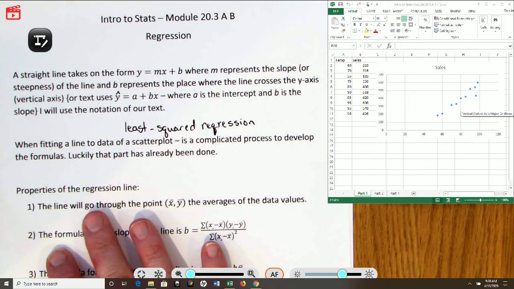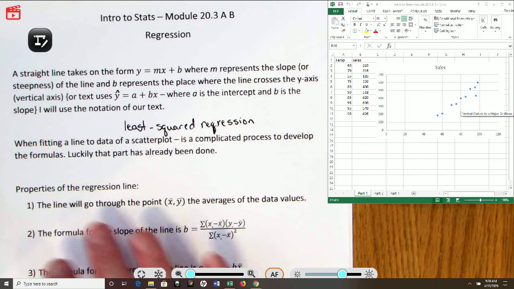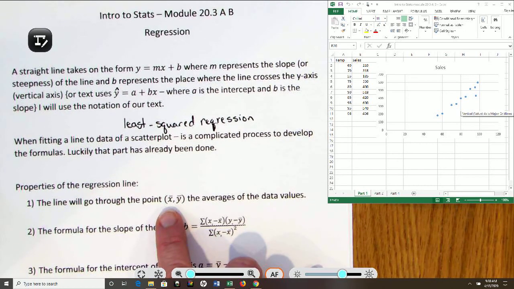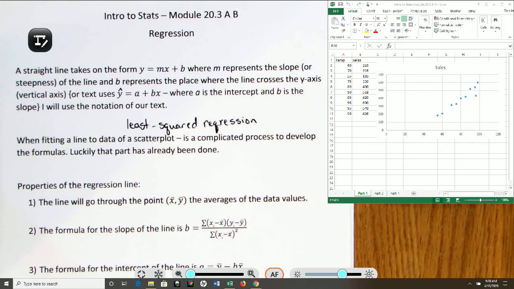Something to note about this regression line is that it goes through the point x bar, y bar, the mean of your x's and the mean of your y's. If you take our data and calculate the mean of all these numbers and the mean of all these numbers, by adding them up and dividing by however many you have, that point will be on our straight line.